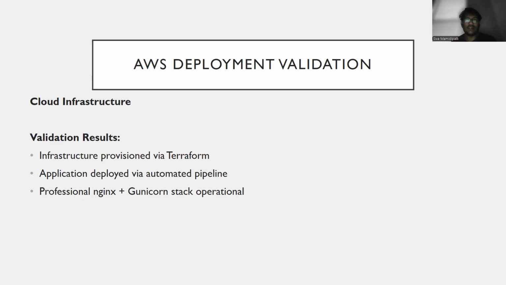And AWS deployment validation. The moment the instance is created, an application deployment happens on the EC2 instance, which invokes some scripts that create the application environment and configure Gunicorn and Nginx.